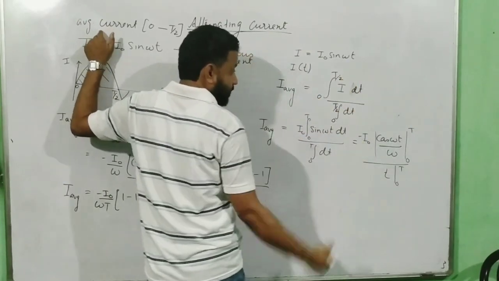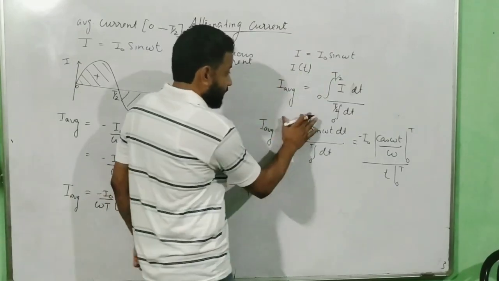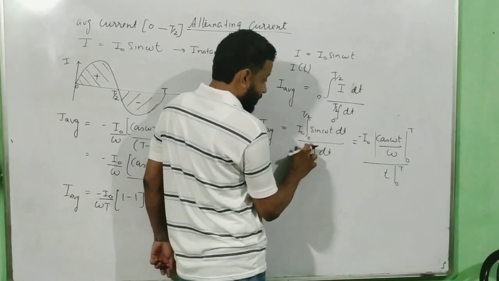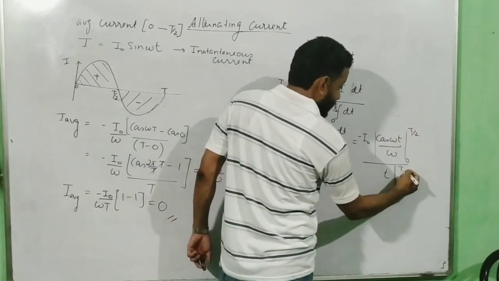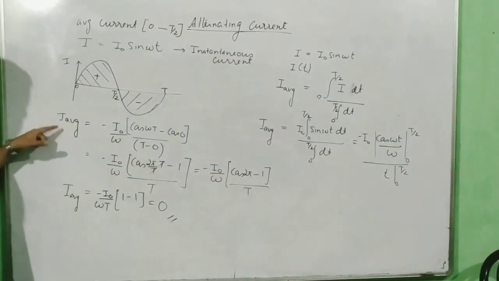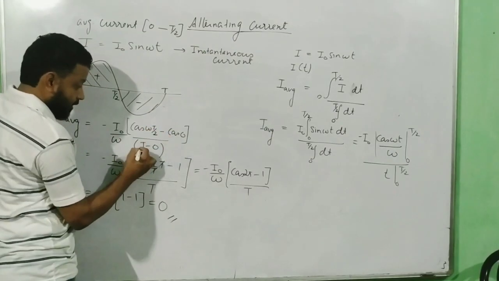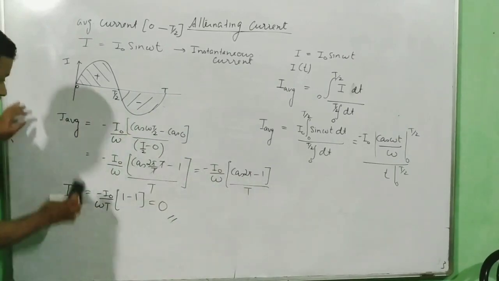Lower boundary 0, upper boundary T by 2. I am going to put the boundary over here, so this becomes T by 2.